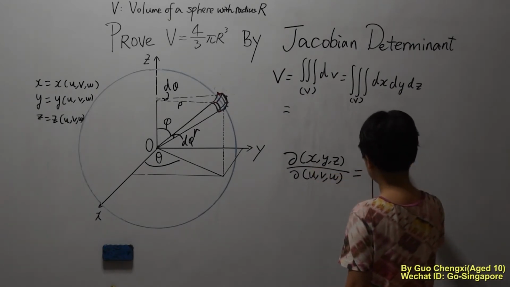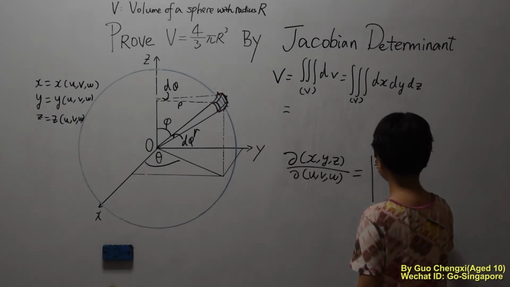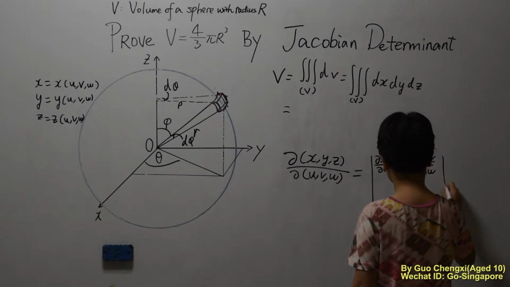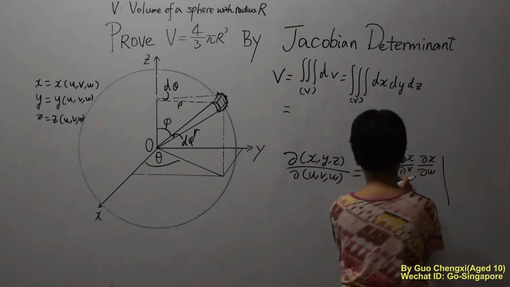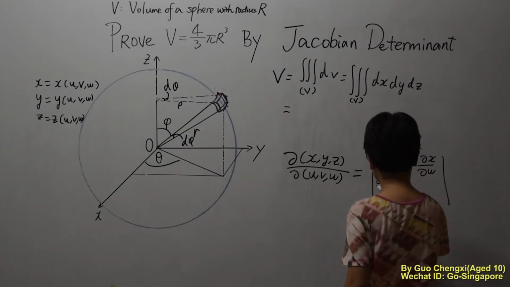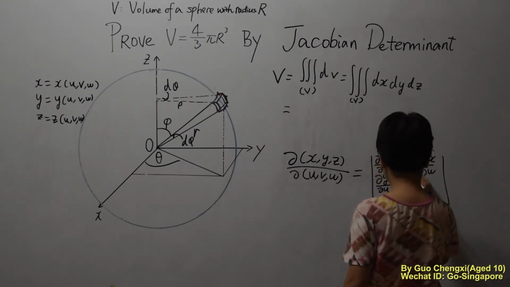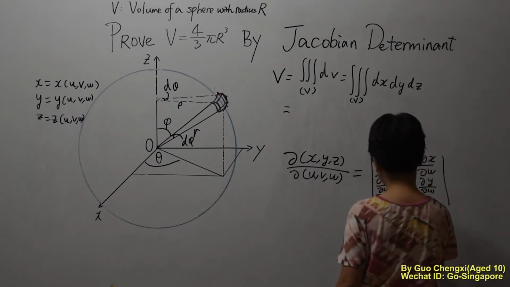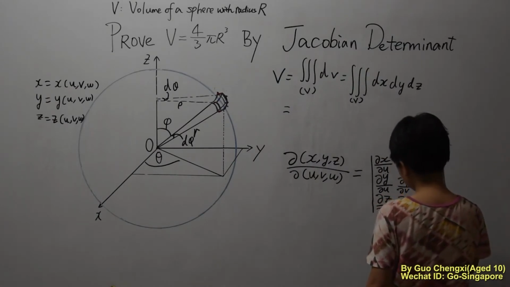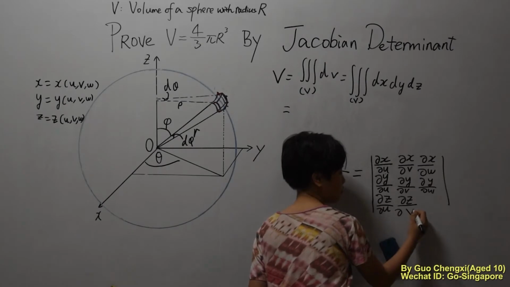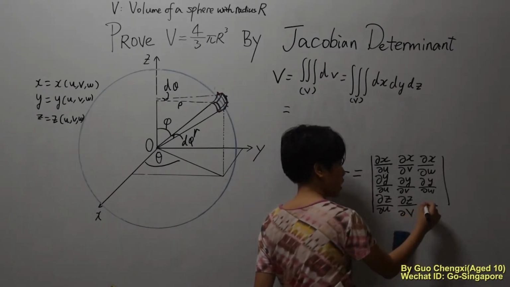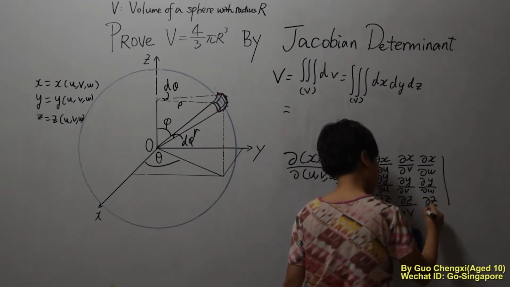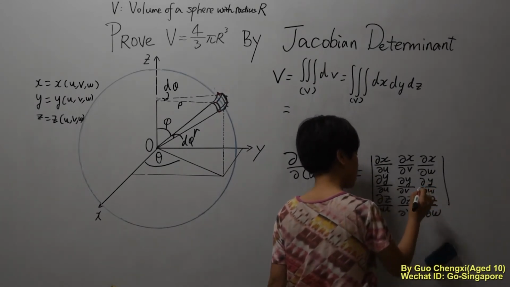Over here: partial x over partial u, partial x over partial v, partial x over partial w; partial y over partial u, partial y over partial v, partial y over partial w; partial z over partial u, partial z over partial v, and partial z over partial w, like this, okay? So this is what it will be like.